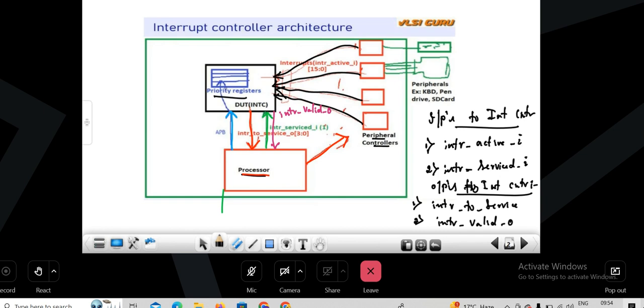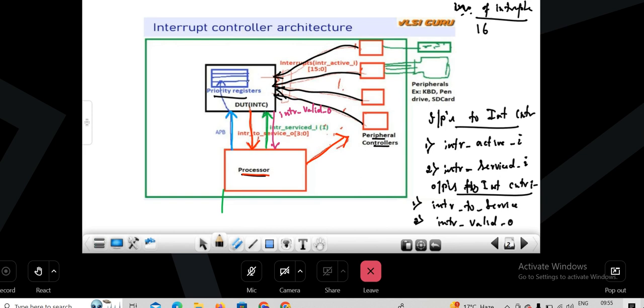Depth is the number of interrupts, which is 16. To store this in the priority register, the depth is 16. What is the address width? 4, that is 3 down to 0. Did you understand this?